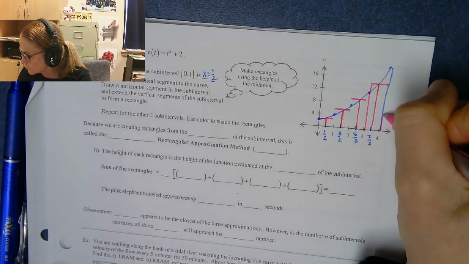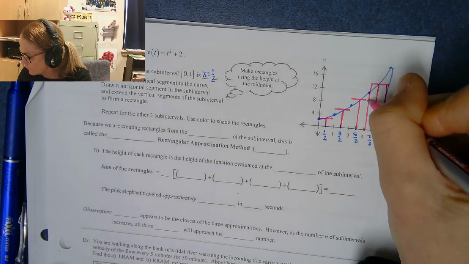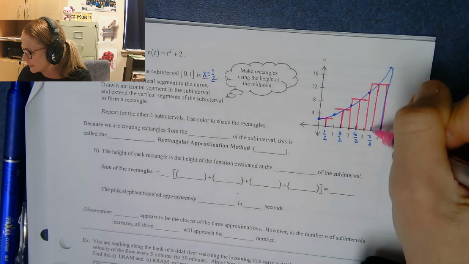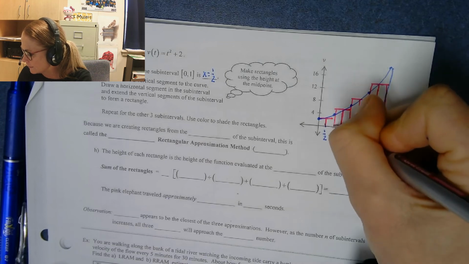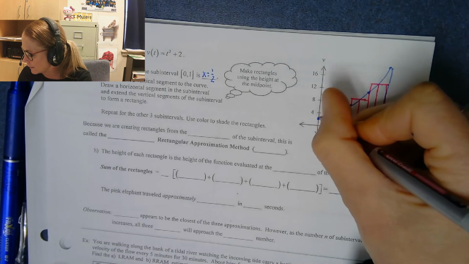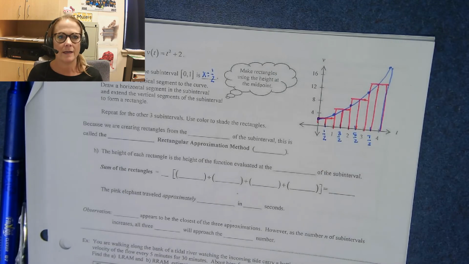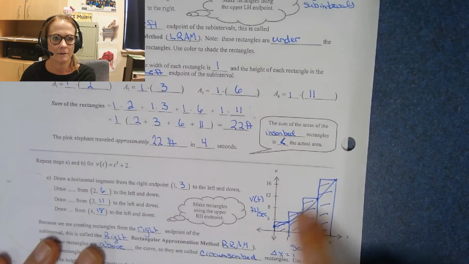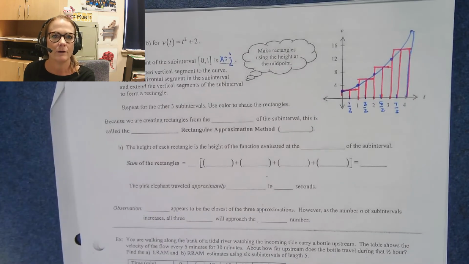And so there's your rectangle, and that line in the middle is indicating where we are going to assess the height, at the middle of the rectangle instead of on the left or on the right. So hopefully you can see that those rectangles are a little bit more of a tighter fit. So this is going to be a better approximation. They look a closer fit than here and a closer fit than here. So this is going to be a better approximation.